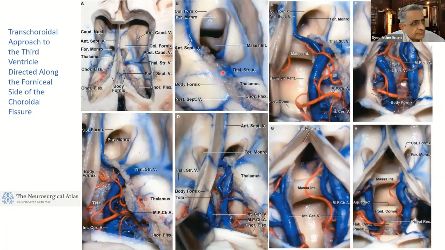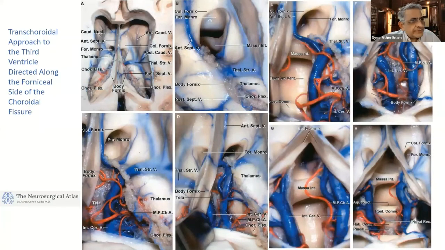This is a cadaveric sample, otherwise it's much more pink over here, and it crosses over here and then curves inside. It shows the massa intermedia, which is not present in all brains. I think maybe a quarter or a third may not have this at all. It's not an important structure anyway.